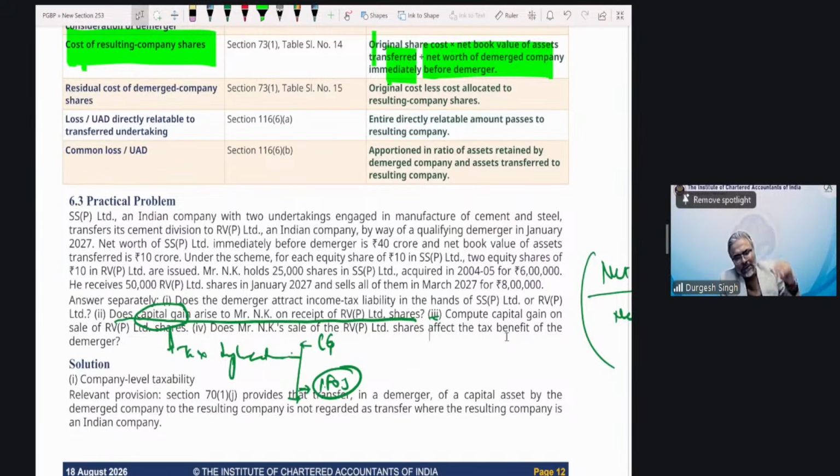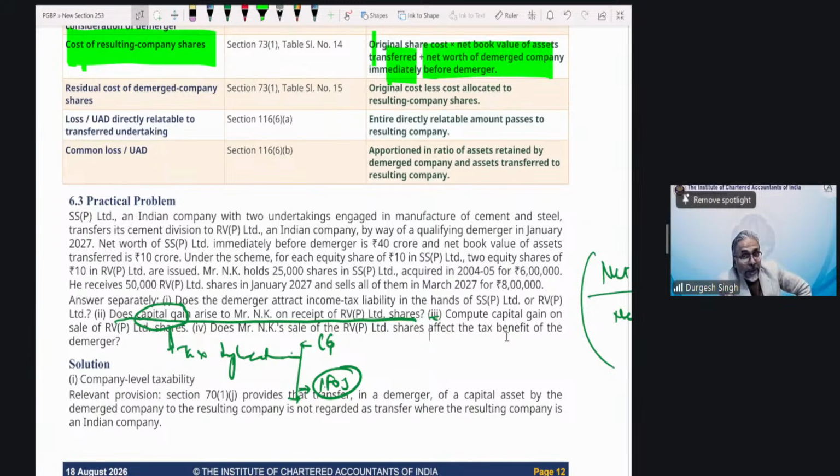Now my question to all of you, the last question in this case, is whether, as a shareholder, I should take the period only from when the resulting company came into existence, or should I also consider the period when I acquired the shares of the demerged company? Should I take the whole period, or should I split it to the part period?